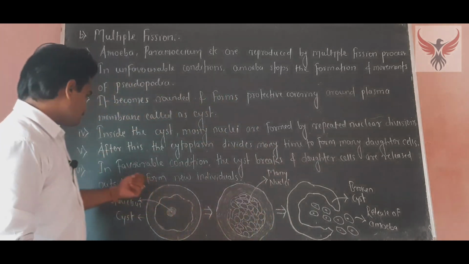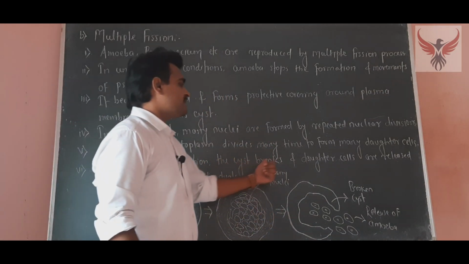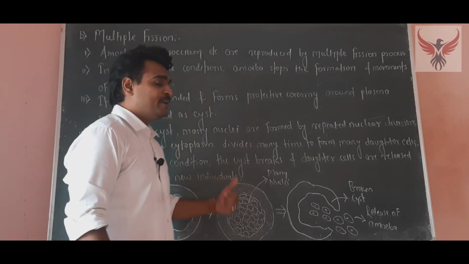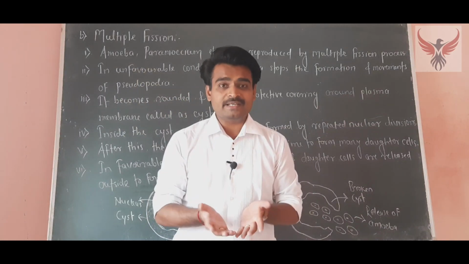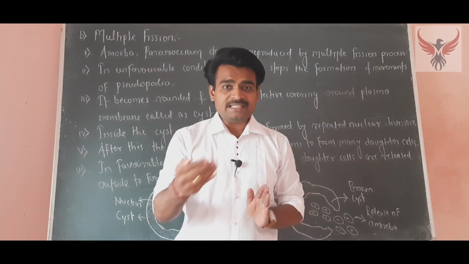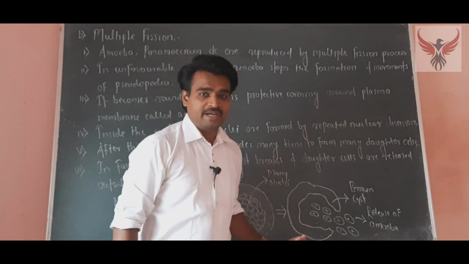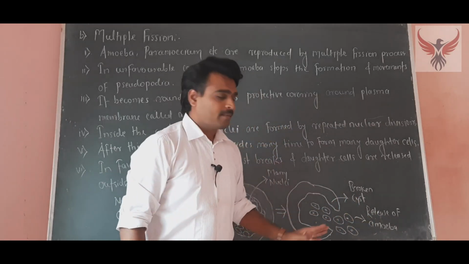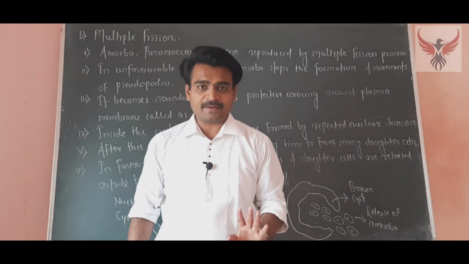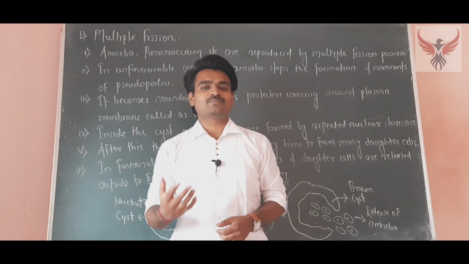The sixth point is, in favorable conditions the cyst breaks and daughter cells are released to form new individuals. The cyst breaks down, releasing the mature daughter cells into the environment outside the cyst. Here we can see the new daughter cells formed. Is it clear? There is an animated video of the multiple fission process, so see it in the next video.